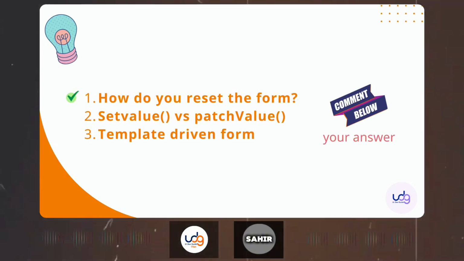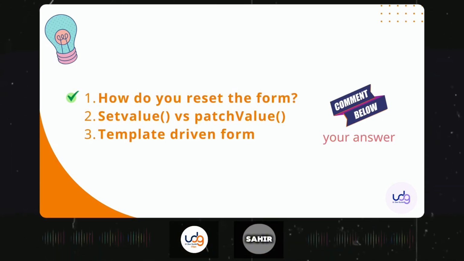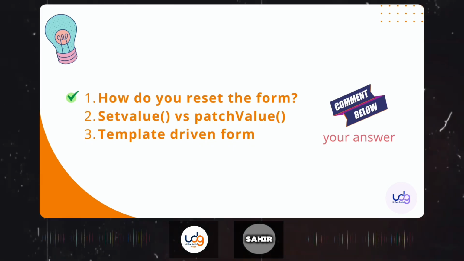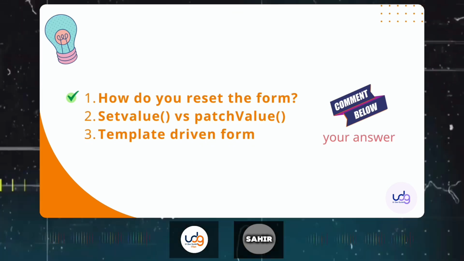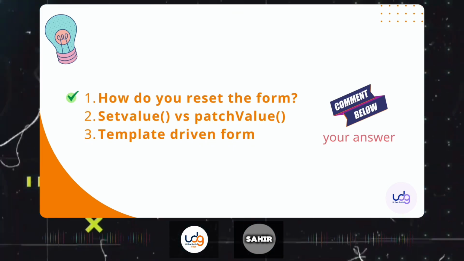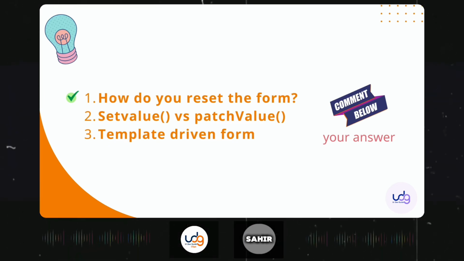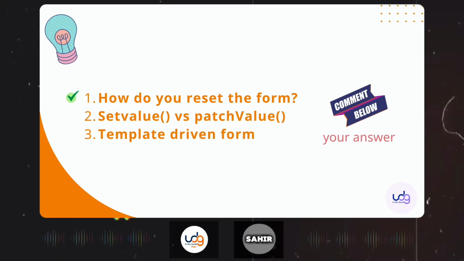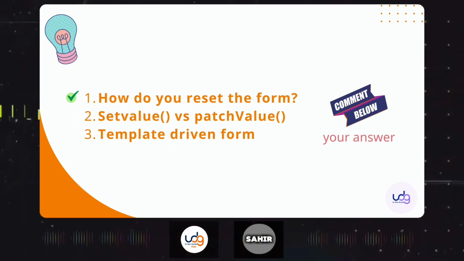Suppose you have username and password, and you added the wrong username and wrong password. Once you click on that, you will get an error, so your password or something is not matching. In that case, you want to reset the values from the form. That is what I'm asking. How can we reset the form?